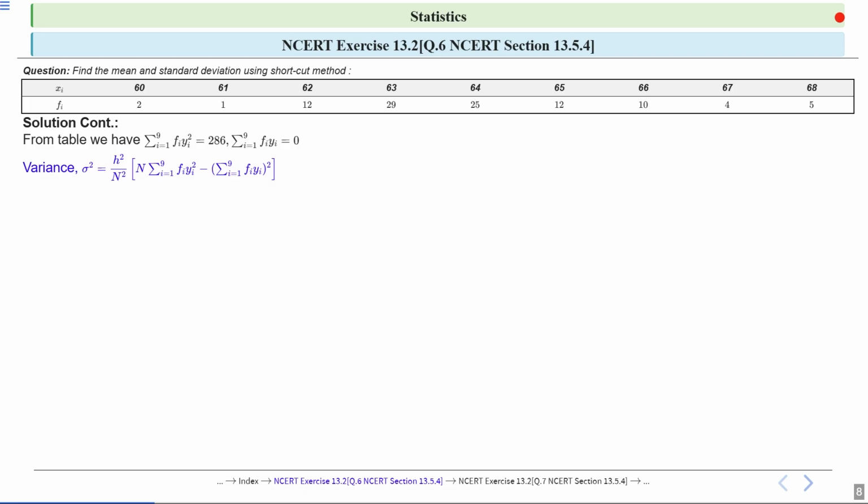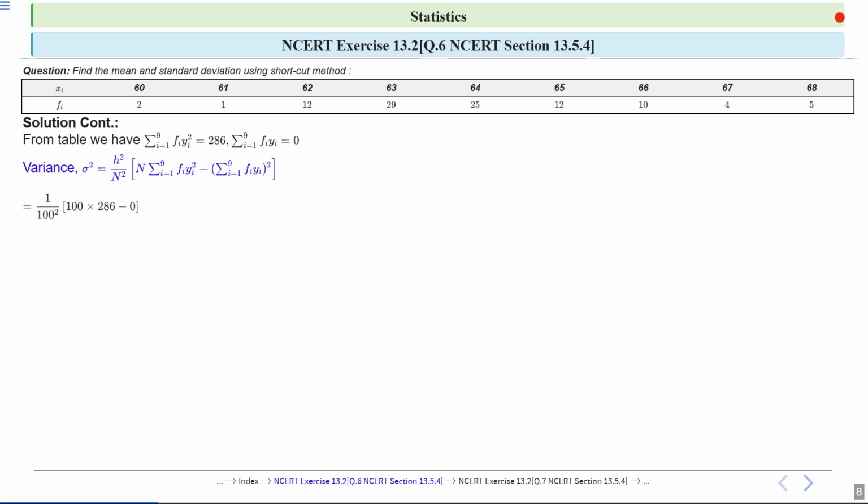So variance, which we denote as sigma squared, is given by sigma squared equal to h square divided by n square, times n times the sum from i equal to 1 to 9 of fi times yi square, minus summation from i equal to 1 to 9 of fi times yi, whole square.